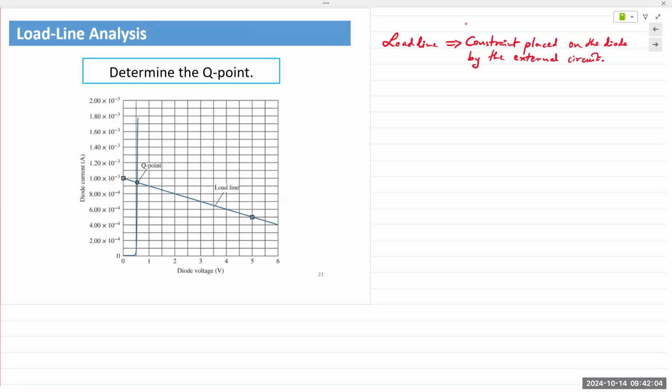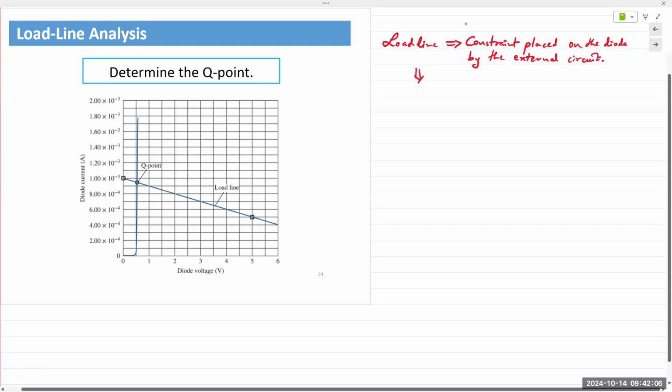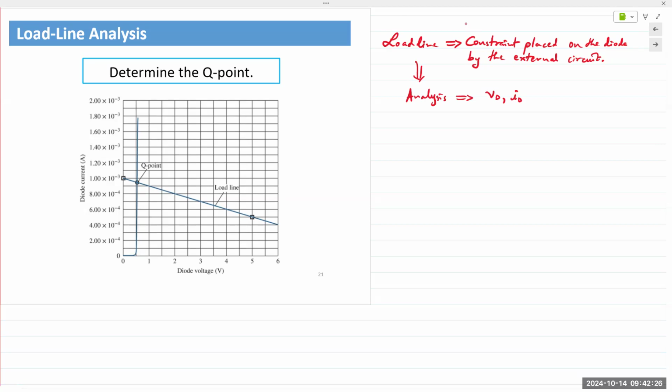In load line analysis, we are trying to find the diode voltage VD and the diode current ID. So we have two unknown quantities. How many equations would we need to solve for two unknown quantities? Two equations, right?